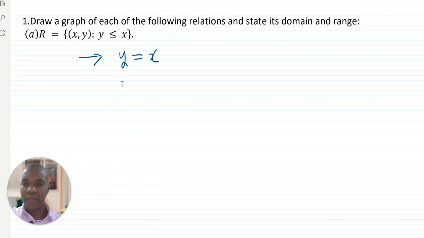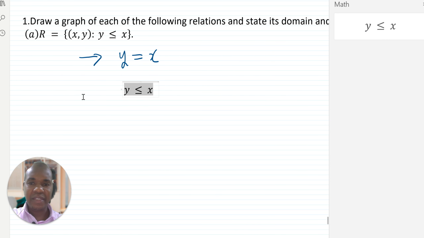And here we go. With the OneNote application, you can just pick the equation as it is. When you do that, the computer is going to sketch for you. Let us see how we're going to sketch it.